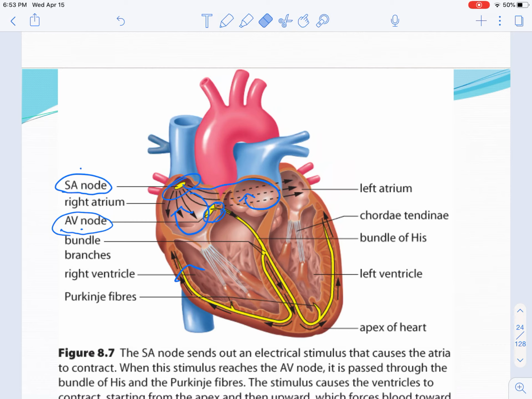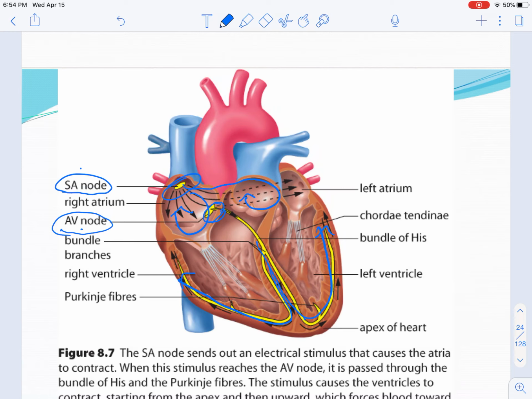And the bundle here is called the bundle of His, that is coming down in the septum, and it branches, and this is showing you a flat view, but if you can imagine those neurons surrounding all the way around three-dimensionally around both ventricles to cause the ventricular contraction, because it takes major contraction to stimulate all the muscles of the heart.